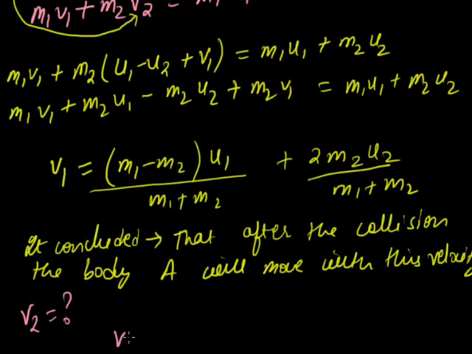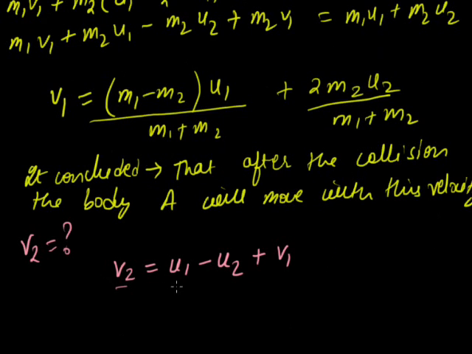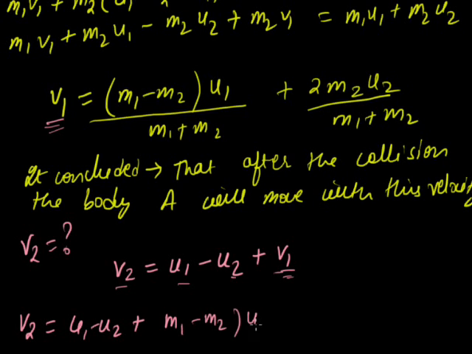So what we do, we take equation number third, that is v2 equal to u1 minus u2 plus v1, and we put the value of v1 here: (m1 minus m2) into u1 divided by (m1 plus m2), plus twice of m2 into u2 upon (m1 plus m2).